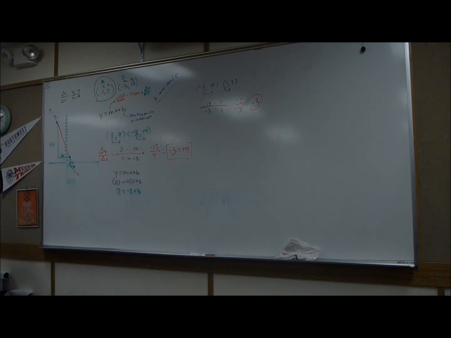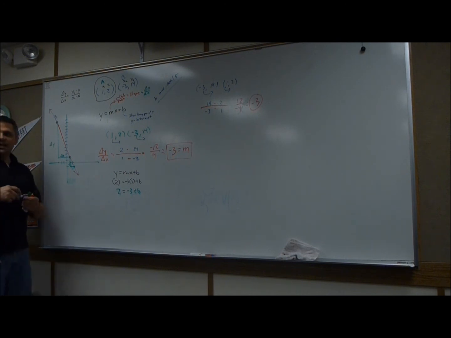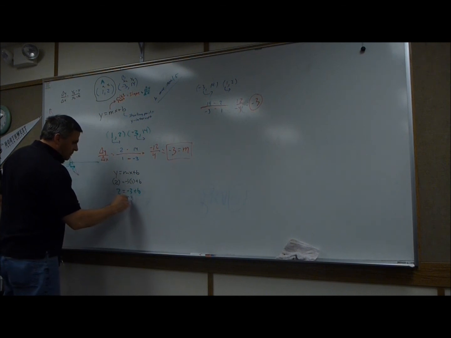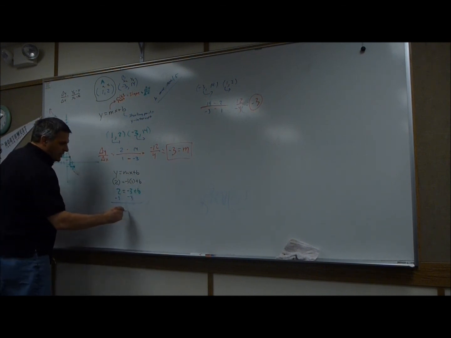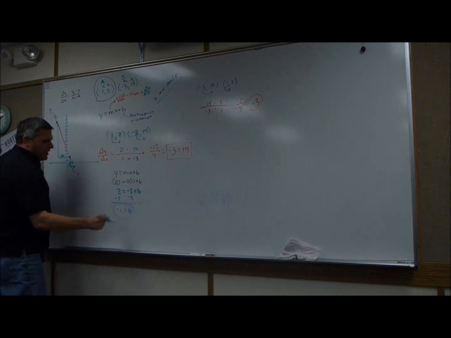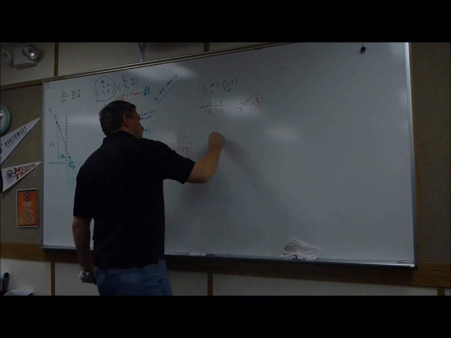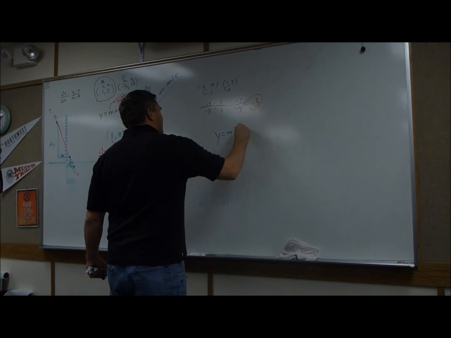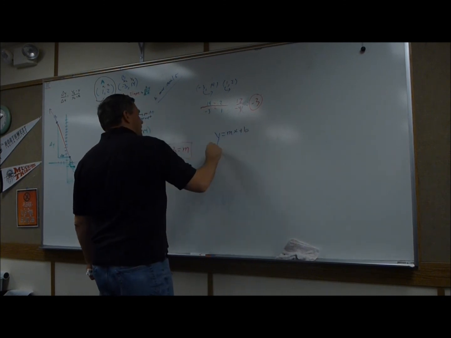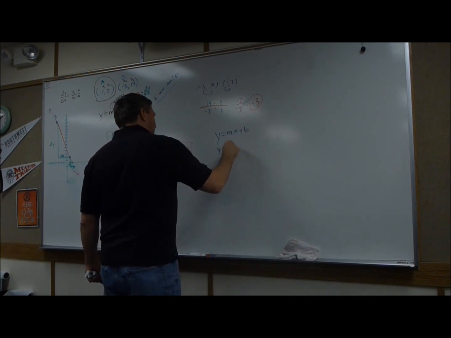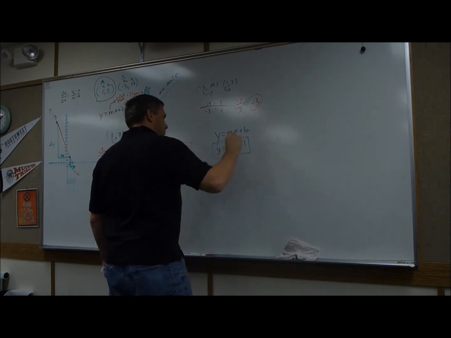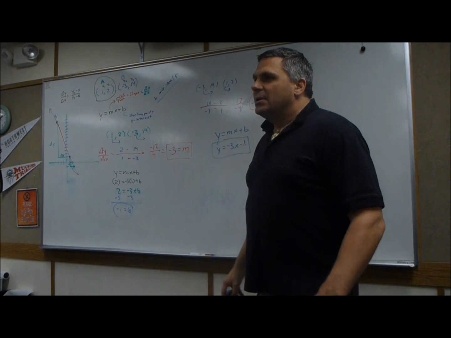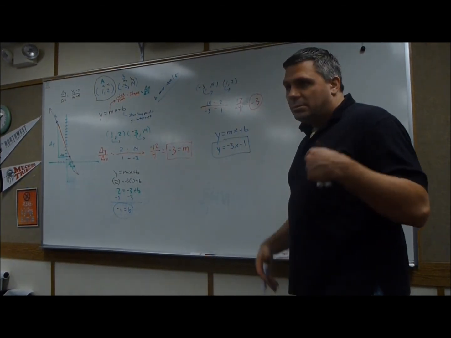We try to get b alone by doing the opposite to both sides, and we get negative 1 equals b. So if I have b and I have m, and I know that y equals mx plus b, then I also know that y is equal to negative 3x minus 1. And that is my equation.